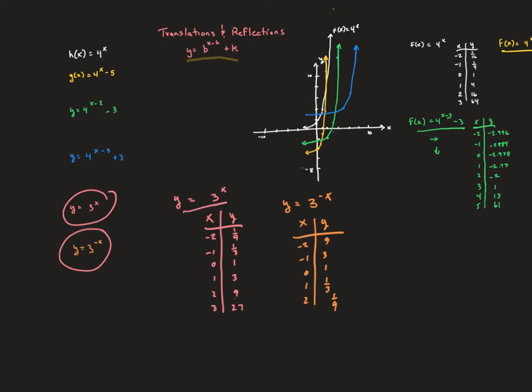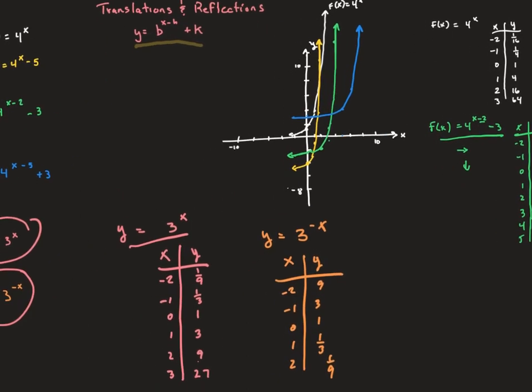graphing this equation first, when I have negative 2, I have almost 0, and I keep getting bigger until I hit that point right there, and then I'm going to have 1 and 3. I'm going to have 2 and 9. So this function looks like this.